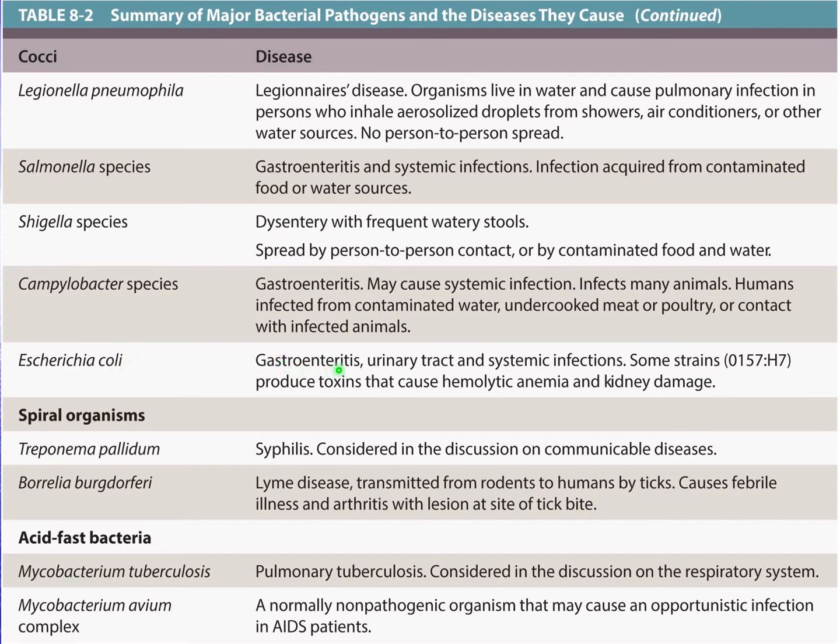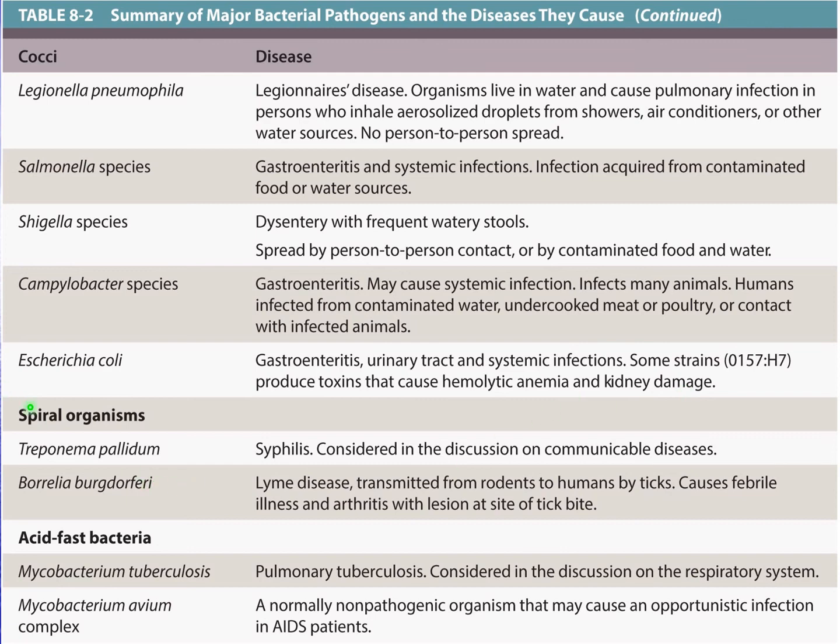Gastroenteritis, but can also cause urinary tract infections and systemic infections. Some strains, and the big one is E. coli O157:H7, produce toxins that can cause something called hemolytic anemia and kidney damage, which is known as hemolytic uremic syndrome, or HUS.